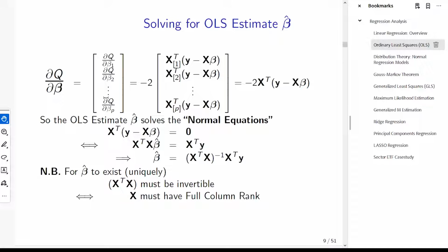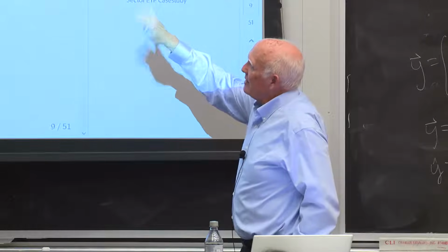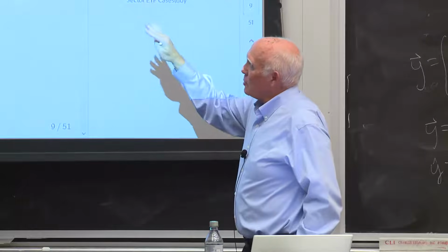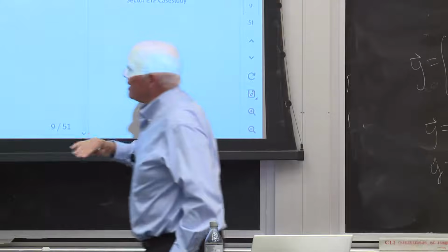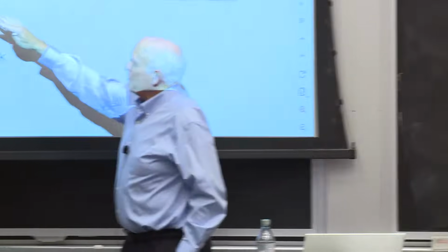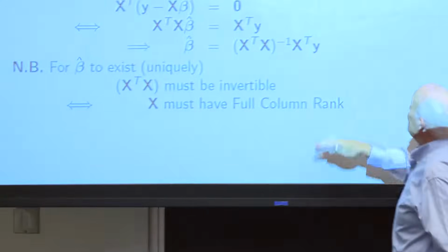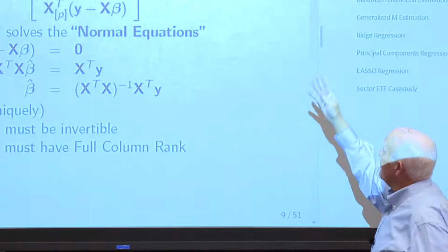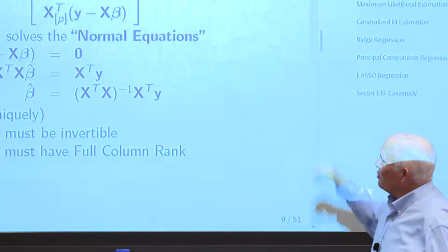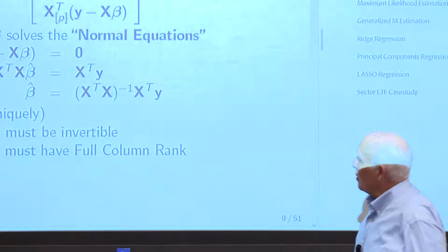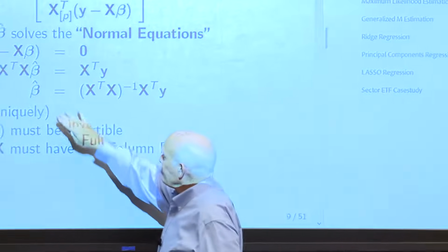Now, if you read up on regression theory, linear model theory, this equation of the derivative of q with respect to beta equaling 0 is equivalent to this equation here, which is just obtained by eliminating the -2 factor and solving for beta.